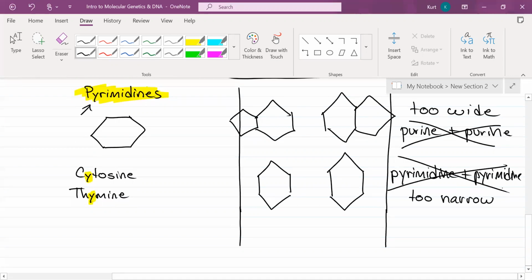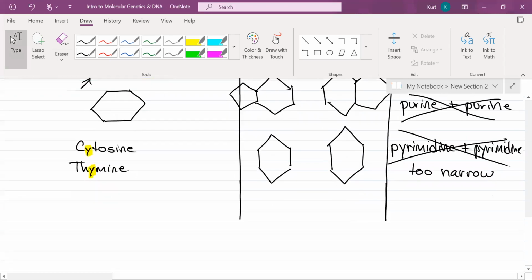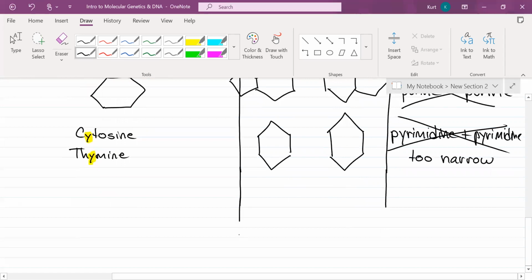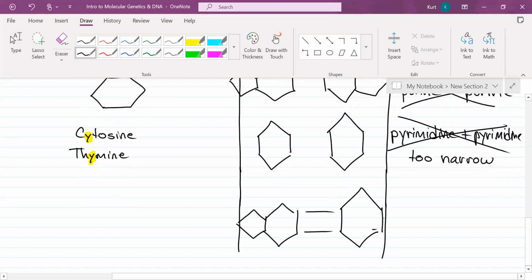That can't work. But if you have a purine and a pyrimidine together, it's just right.